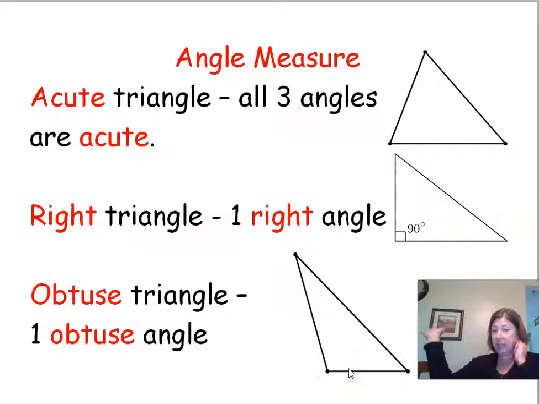And again, with obtuse, can't get it in here. Okay. Let's say that's a right angle. And then it gets wider for obtuse.